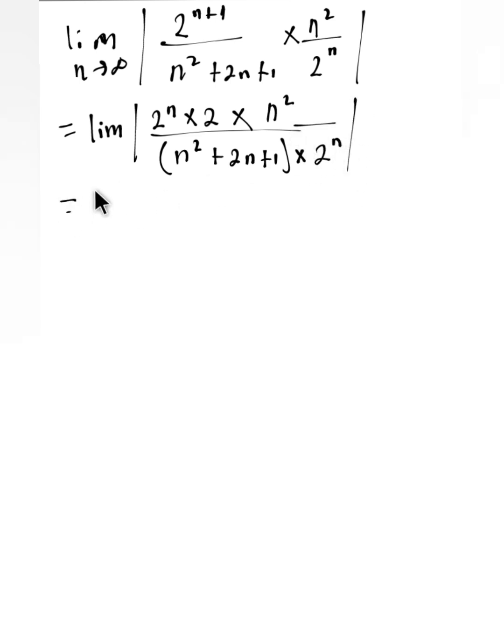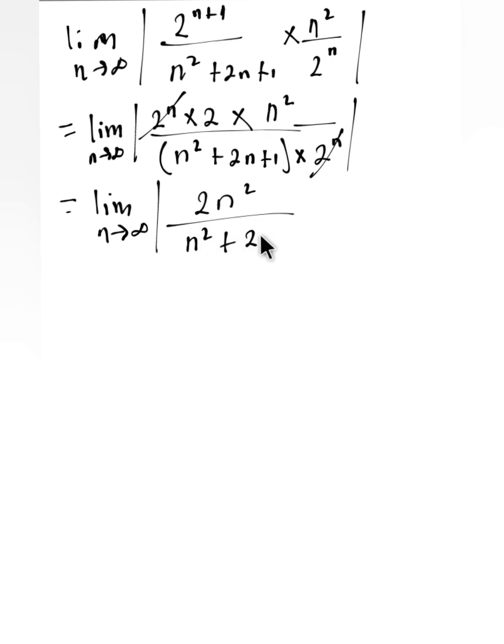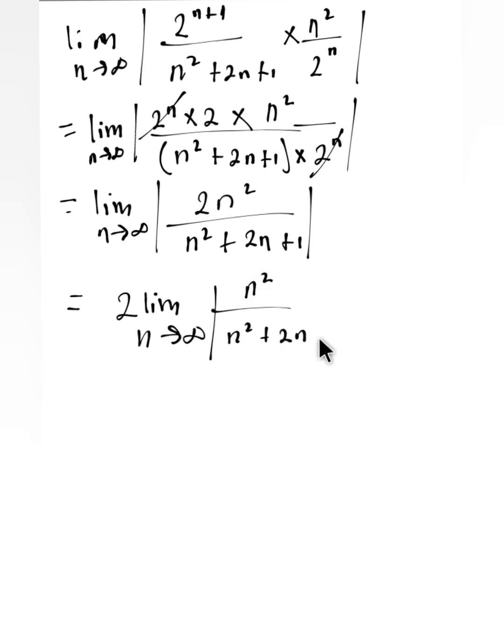Obviously from here some terms cancel: 2 raised to the power n cancels 2 raised to the power n. So we are left with 2n squared all over n squared plus 2n plus 1. Okay, now this gives us 2 into the limit as n tends to infinity of n squared all over n squared plus 2n plus 1.